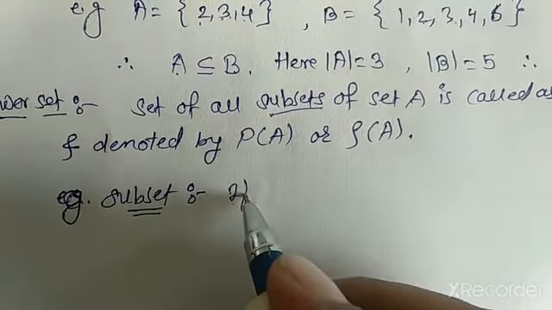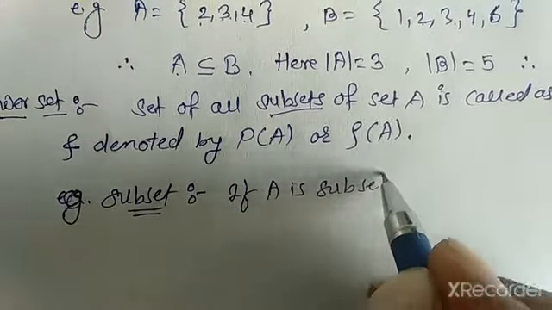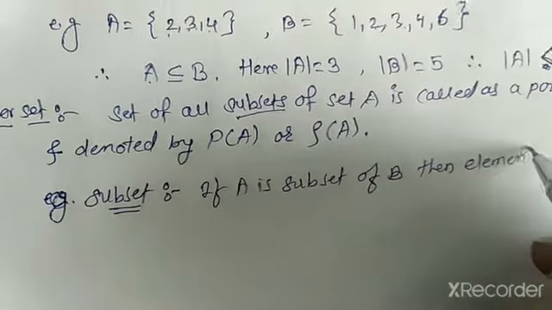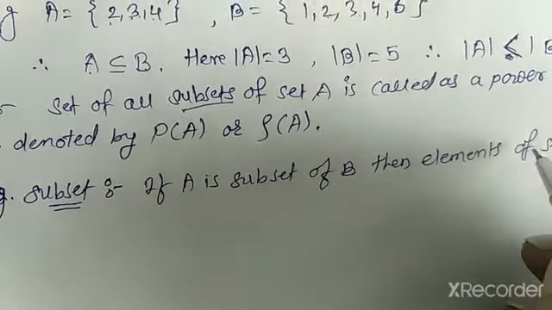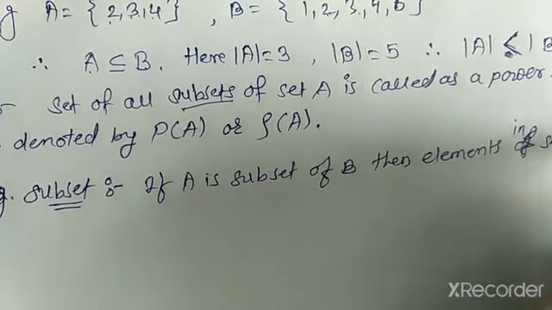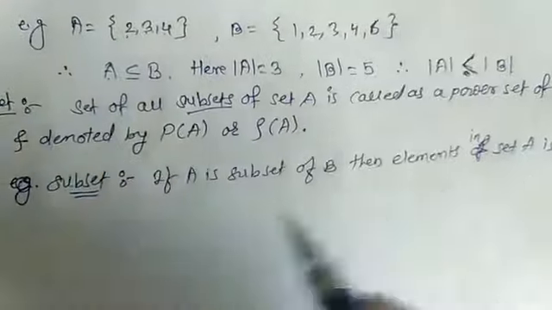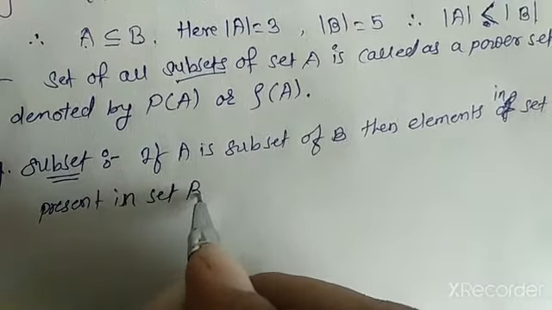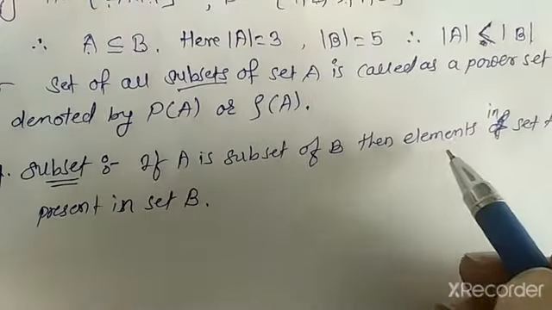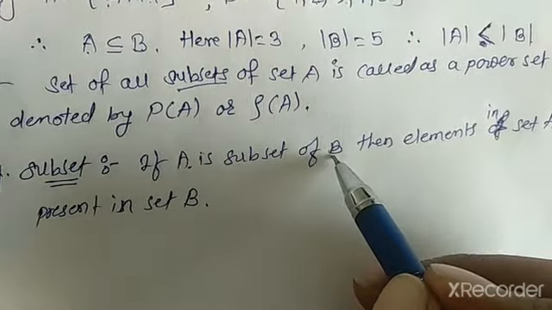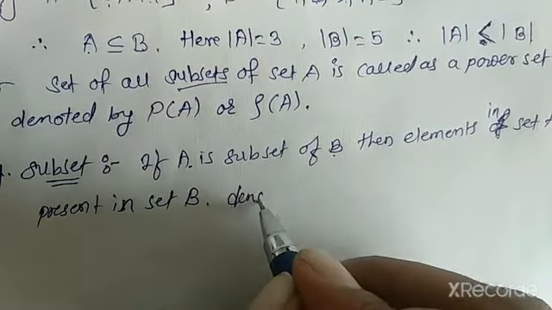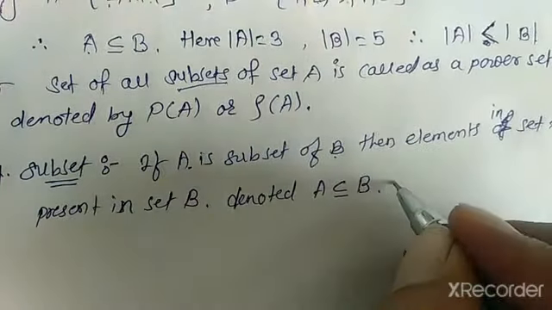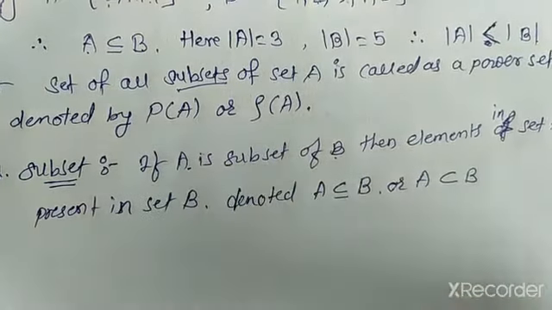If A is a subset of B, then all the elements of set A are present in set B, and it is denoted as A is a subset of B.